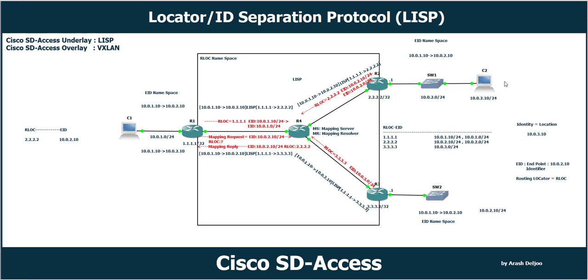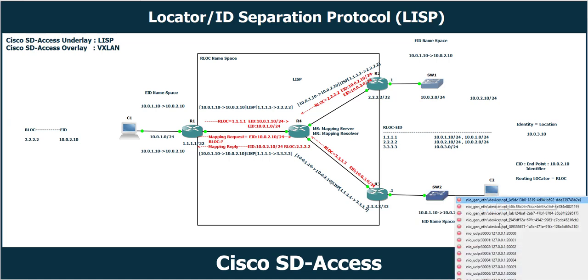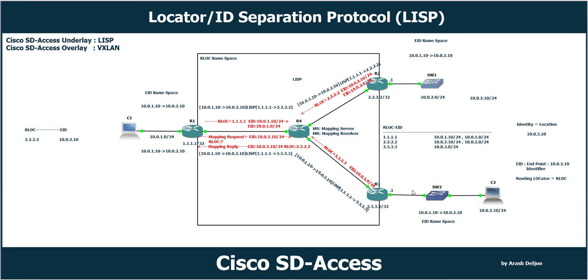Assume that now computer 2 changed its location. When computer 2 changed its location from the previous network to this new network, router 3 will inform router 4 that it has access to this new EID, 10.0.2.10.